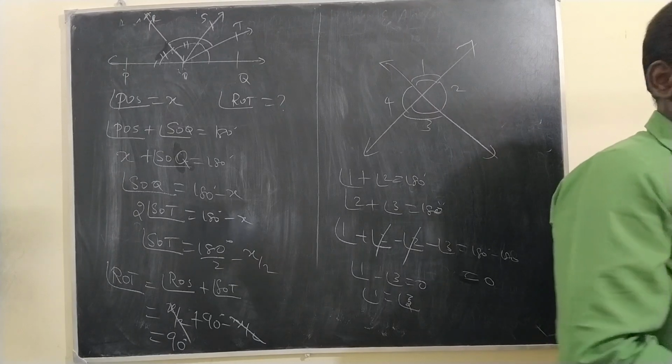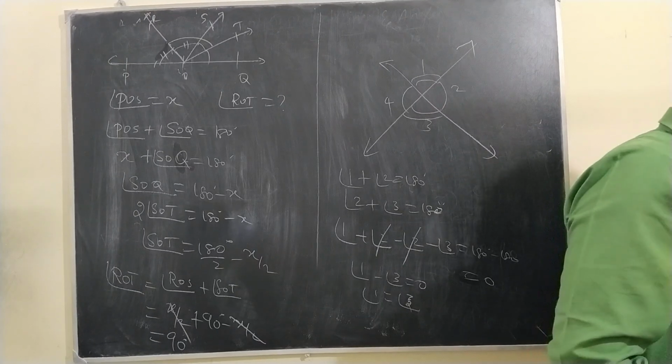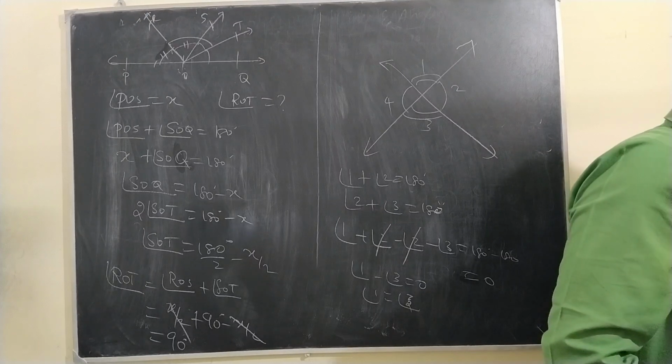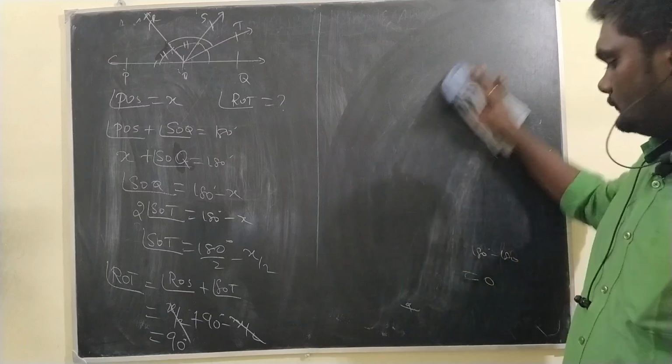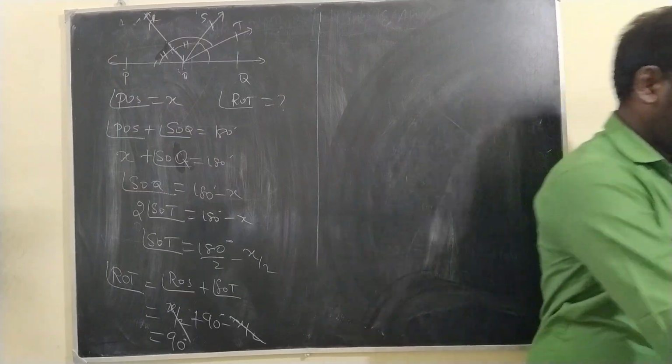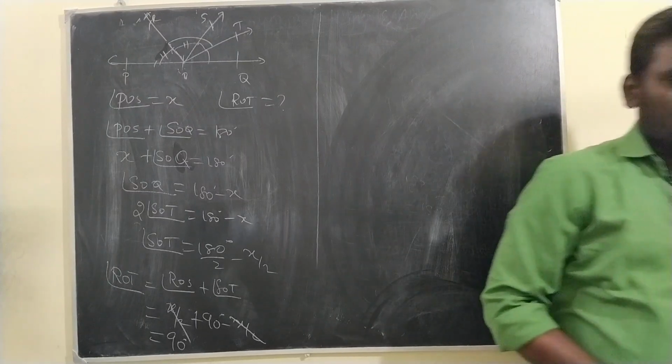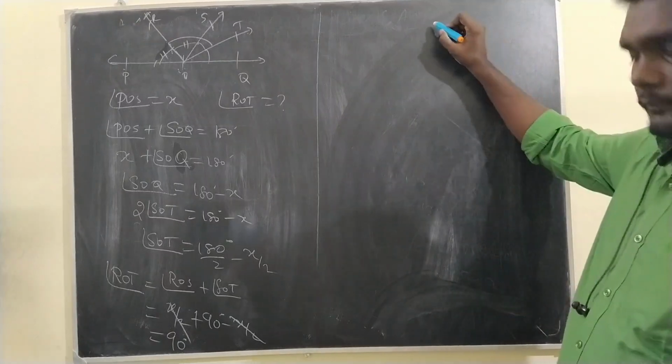Next, the sum of all angles around a point is 360 degree, like we have to prove. How will you prove the sum of all angles is 360 degree? See, that is in example 3.